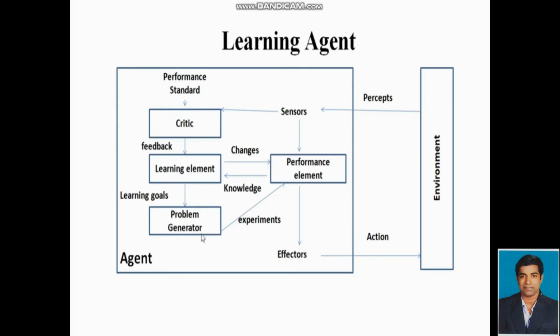Here the performance standard is measured in the critic and that feedback is given to the learning element. The learning element sets some learning goals for the problem generator. The problem generator gives input to the performance element, as well as the knowledge and changes.